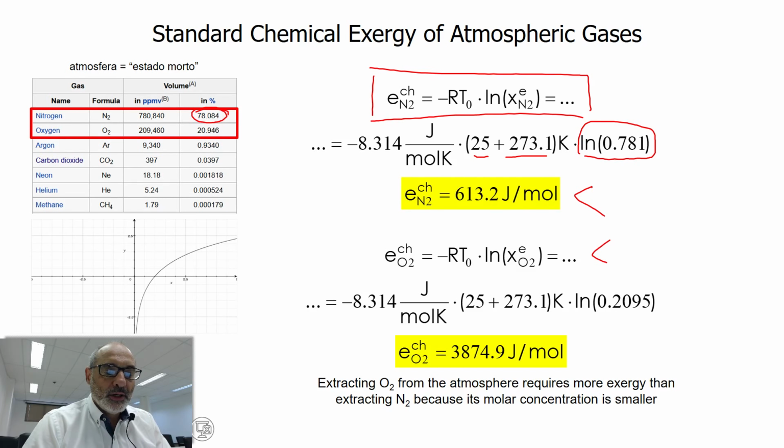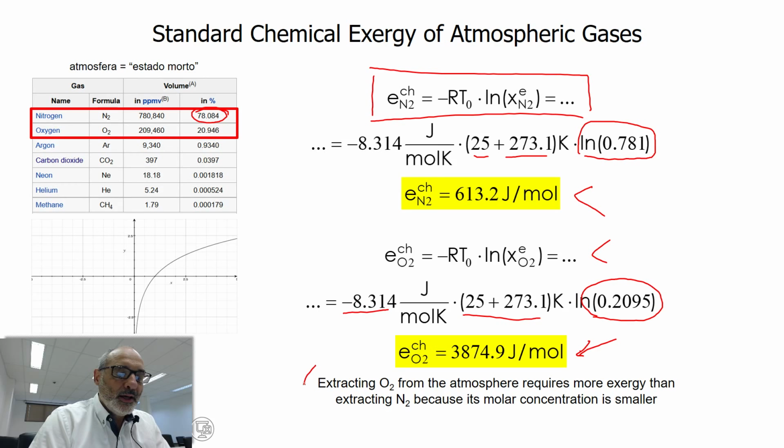The same thing for O2. When we do the calculations, everything is the same. The gas constant is the same, temperature is the same, only the concentration is different. So we get a bigger number now.